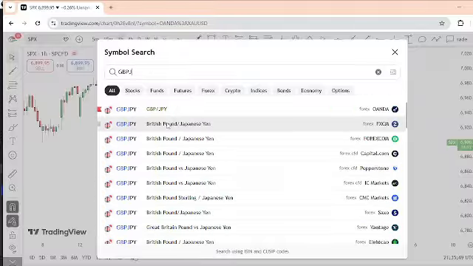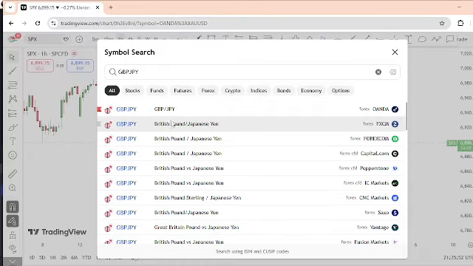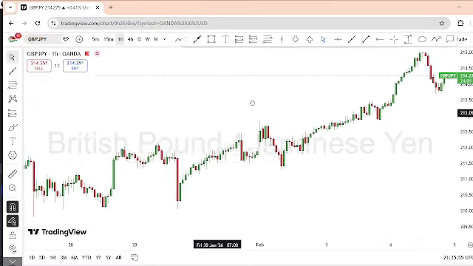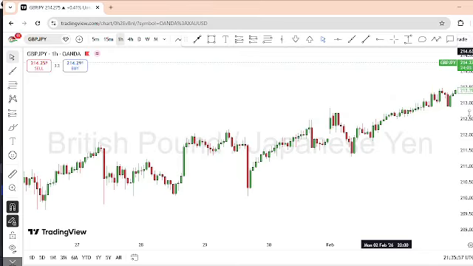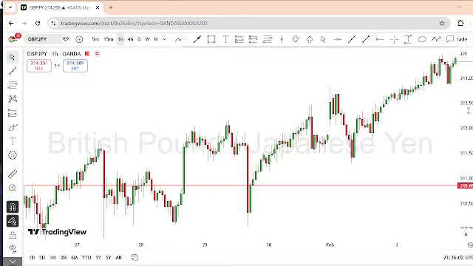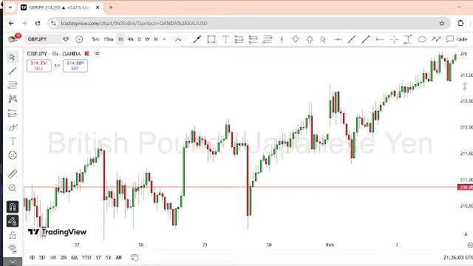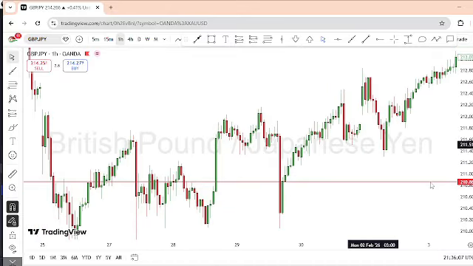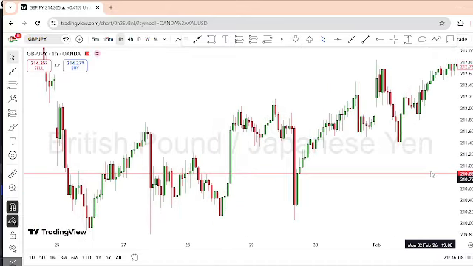GBP JPY. All of them are very remarkable. In fact, this currency pair is one of the most traded currency pairs. I know traders in Nigeria, even all over the world, who enjoy GJ. When you see a forex trader saying GJ, they mean GBP JPY.